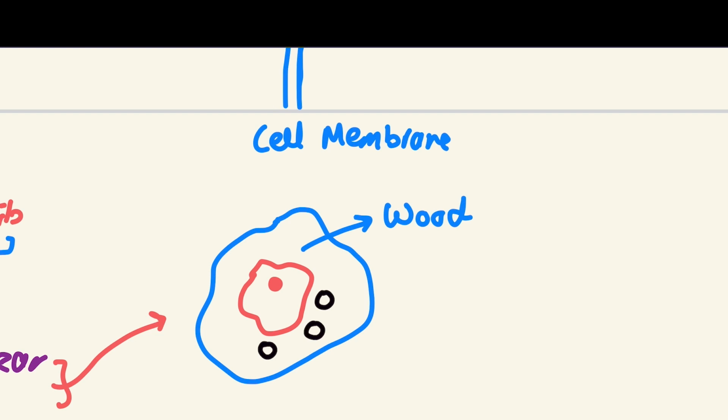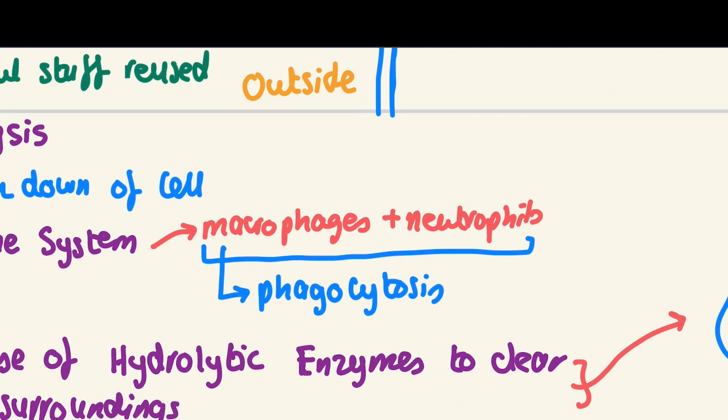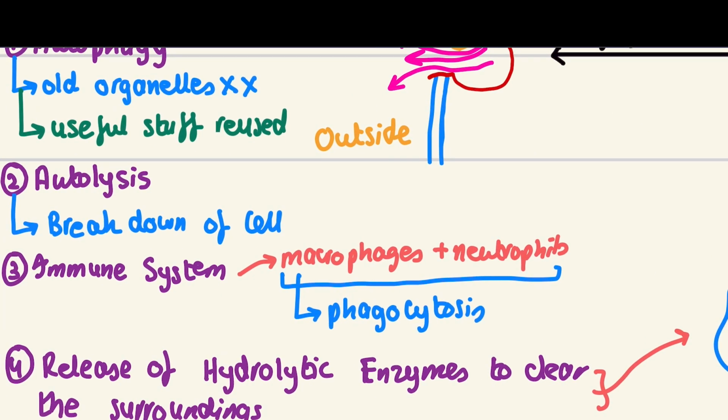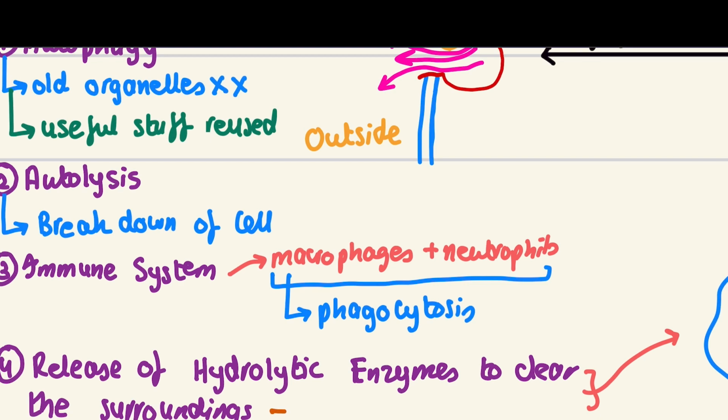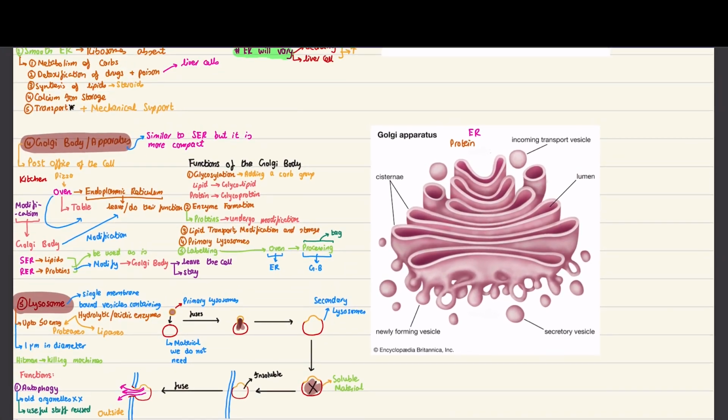It chews away at this wood or whatever is around it. So we clear the surroundings, and lastly, one last thing that I want to write over here is we use the material provided. So it's not really senseless killing, it's killing with a purpose, if you must.